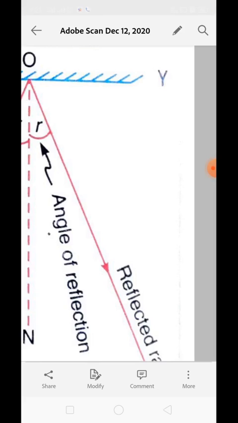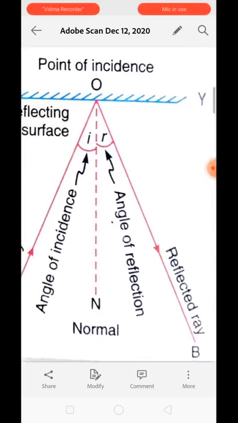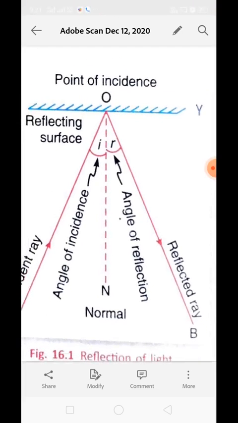The angle of reflection is indicated by small r, whereas the angle of incidence is represented by small i. Clear? So the first law is: when a ray of light hits a plain smooth surface, it returns back into the medium in such a way that the angle of incidence is equal to the angle of reflection. Understood? Angle i is equal to angle r.